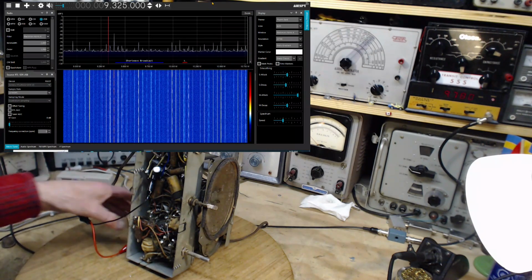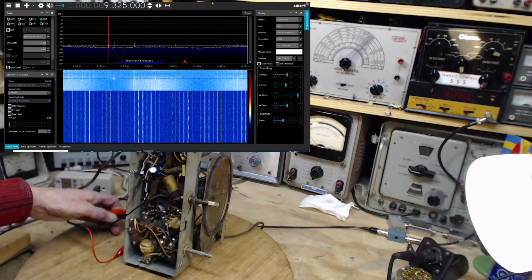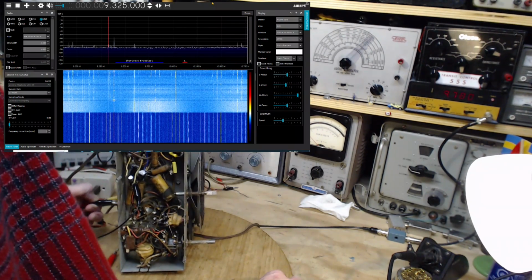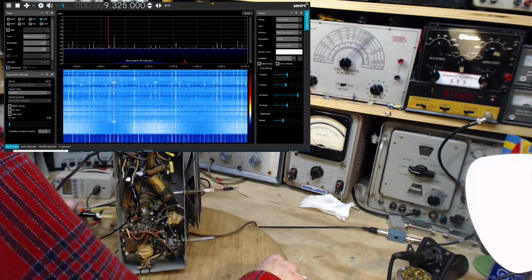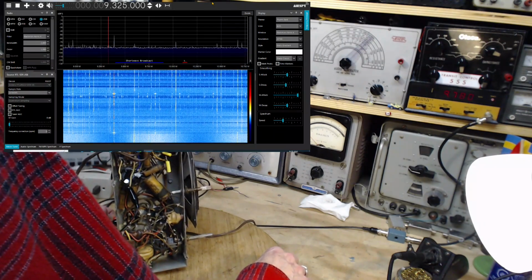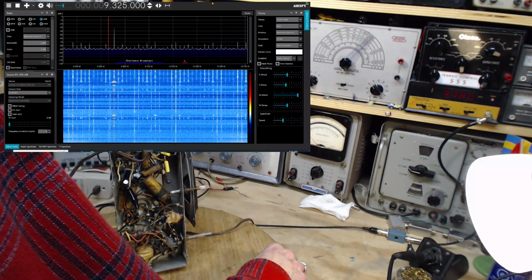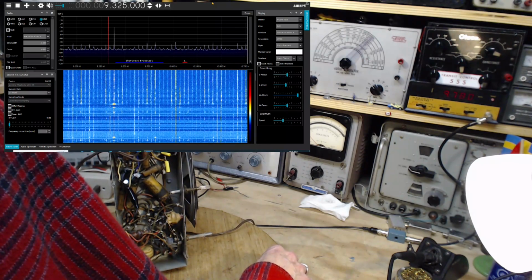So I'm gonna move the pickup coil a little bit here. Yeah, it sure looks like that's the local oscillator. You can get a pretty strong signal there. So there's a local oscillator.